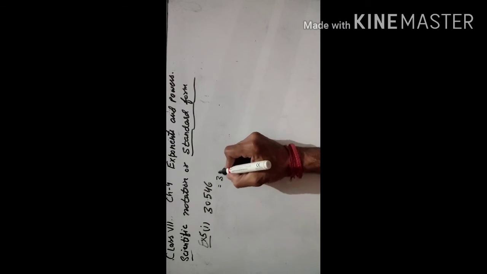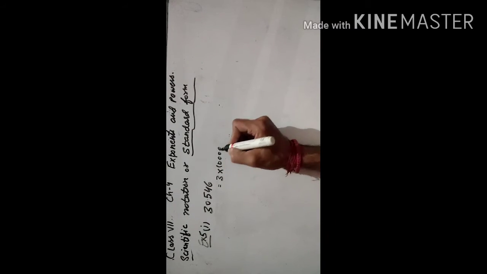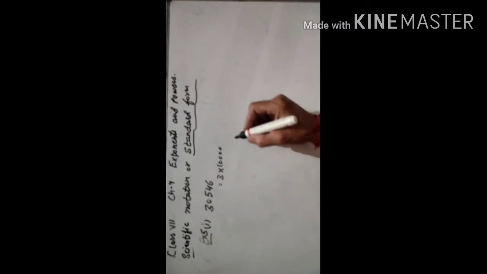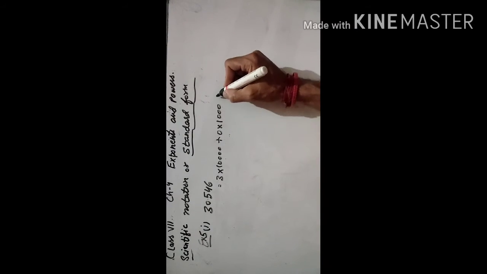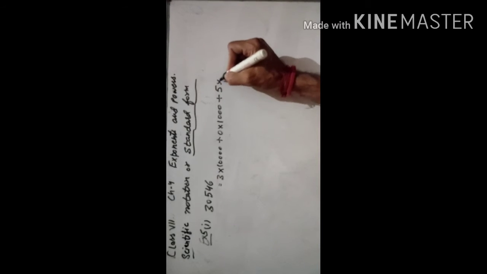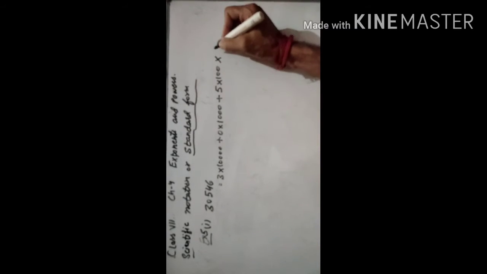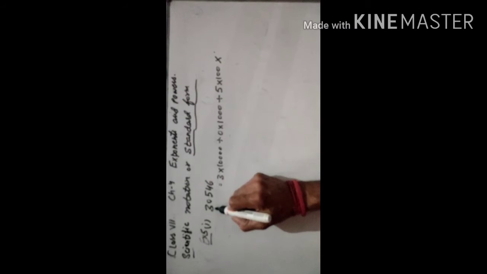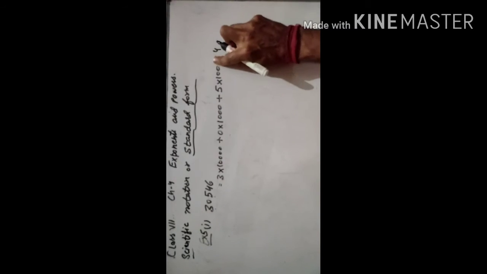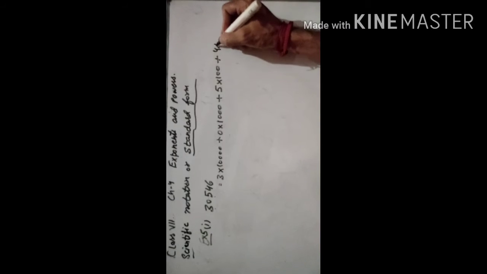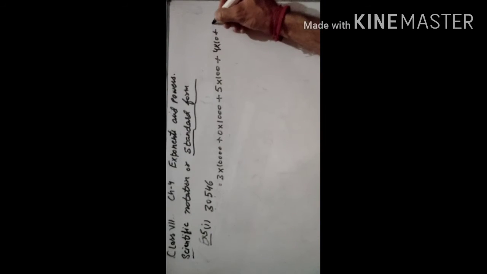We have to write 3 into 10,000, plus 0 into 1000, plus 5 into 100, plus 4 into 10, plus 6 into 10 to the power 0. The place value of 3 is 10,000, of 5 is 500, and of 4 is 40.